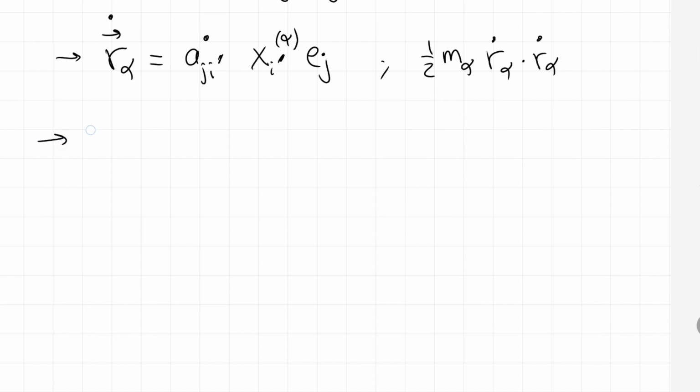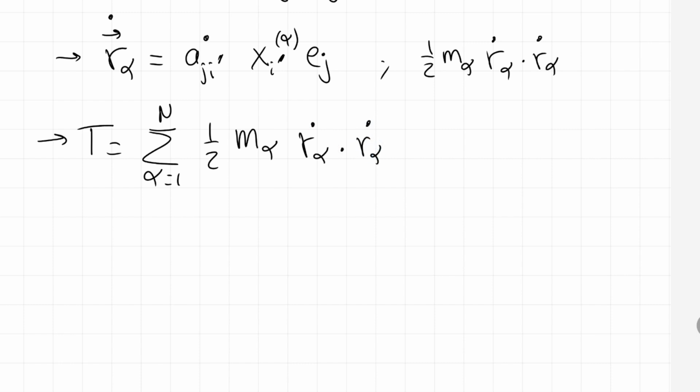Then the total kinetic energy of the rigid body is going to be the sum of all kinetic energies. So it will be the sum from alpha equals 1 up to n of 1/2 m sub alpha r sub alpha dot dot r sub alpha dot.